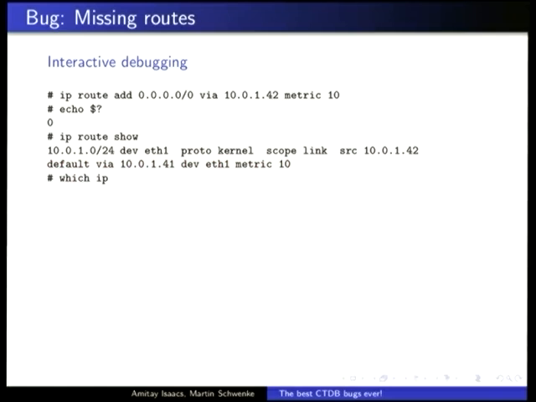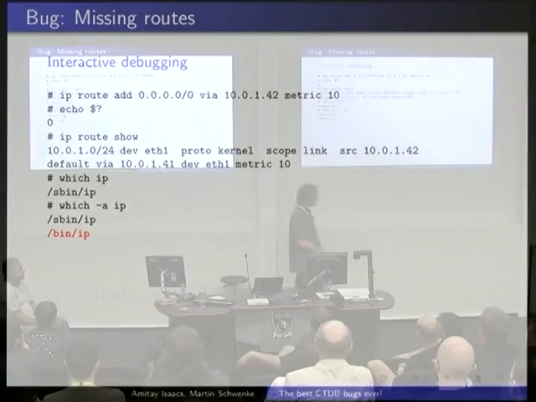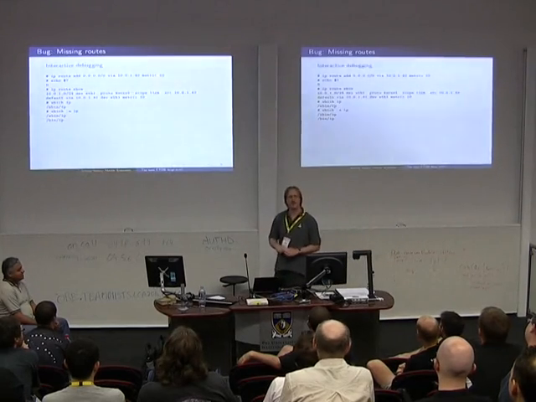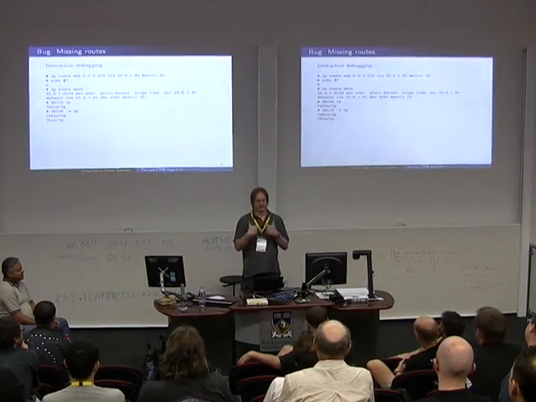Which IP command are we running here? sbin IP. Perfect. This is good. Show me all the IP commands, please. sbin IP, bin IP. Now, those of you who are Debian lovers are sitting there going, that's fine. Bin IP is a symlink to sbin IP, so your system is a good one.